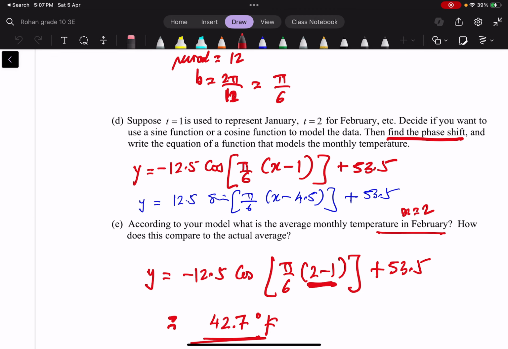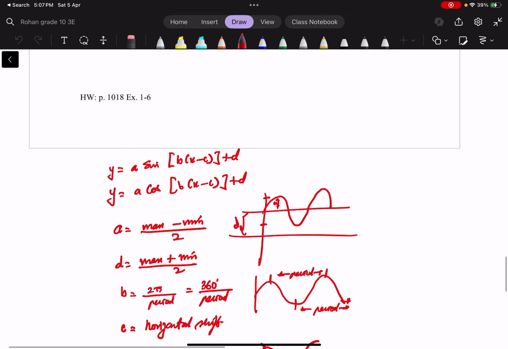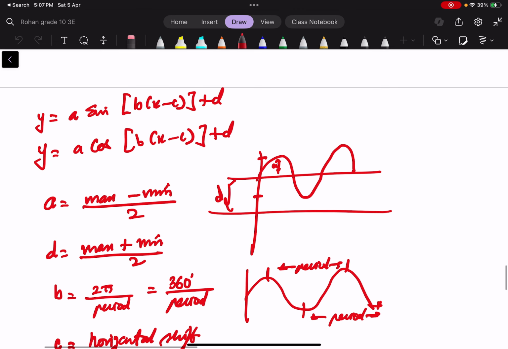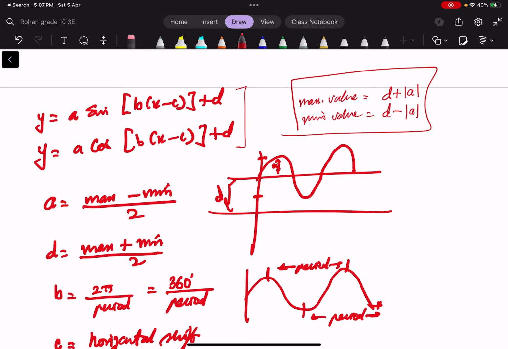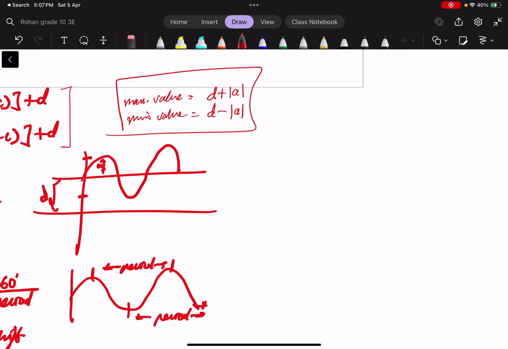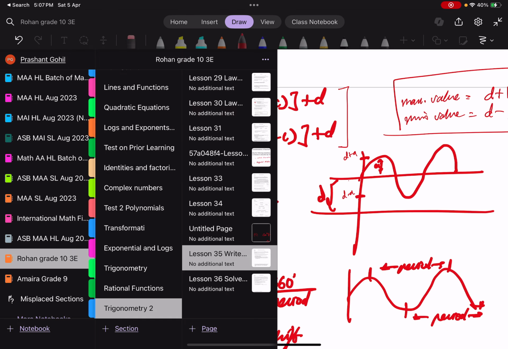Whenever you model a sine or cos function like this, the maximum value will be d plus modulus of a, and the minimum value will be d minus modulus of a. It's very simple. This is d, so the maximum value will be d plus a and the minimum value will be d minus a. So if this is not visible in your view window, you won't be able to see it.